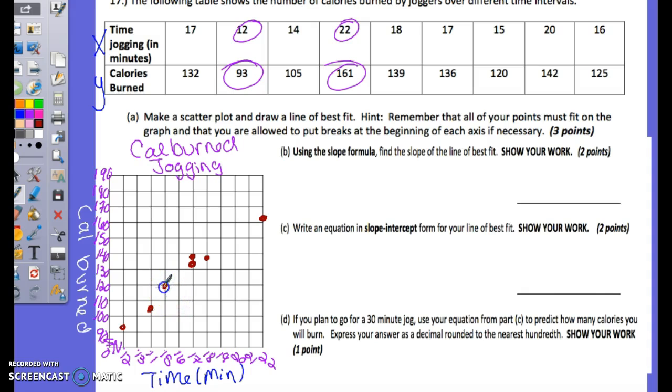Oh, that one's nice and even. 20, 142. There. And 16, 125.